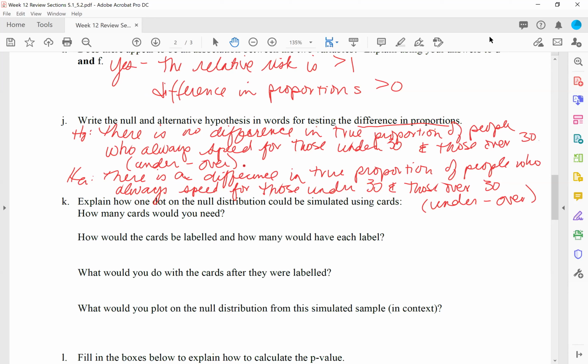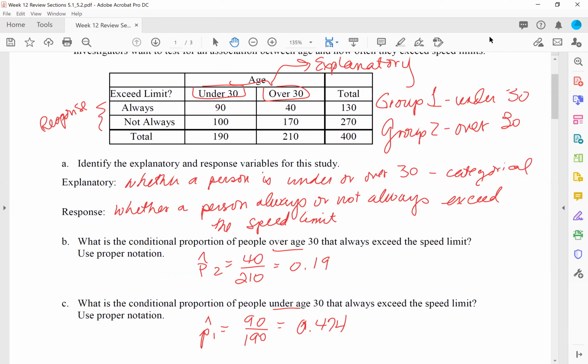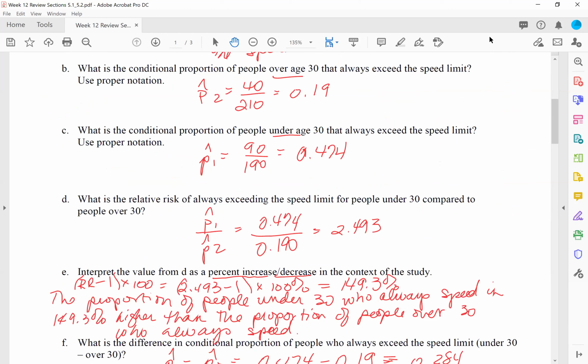Okay, when we think about our simulation, we'd always start with our sample size for our number of cards. So if we go back and look at our two-way table, we can see that there were 400 people in this study. So we're going to start with 400 cards and we label them with either always or not always, because we're going to label them with the response.